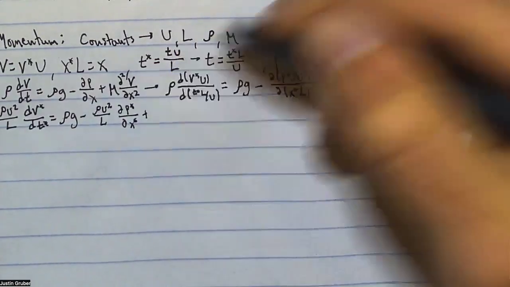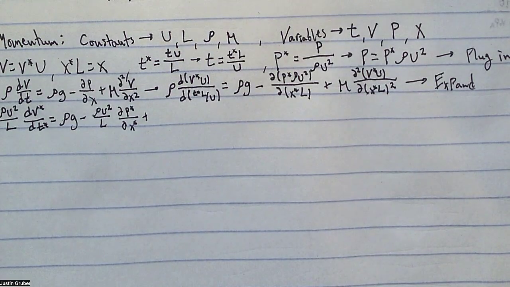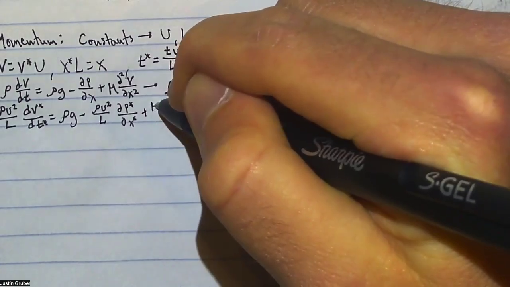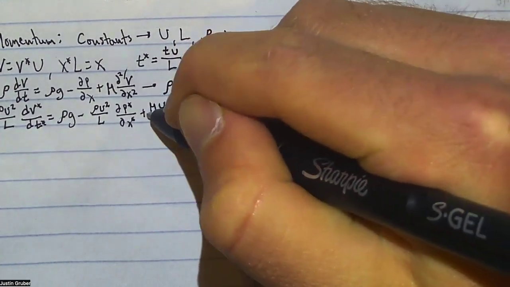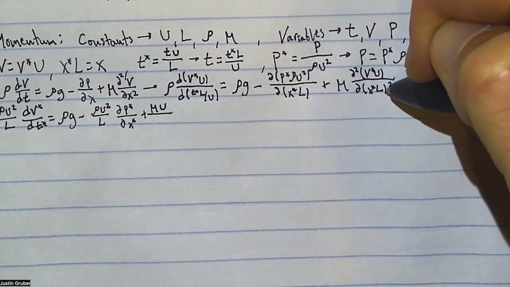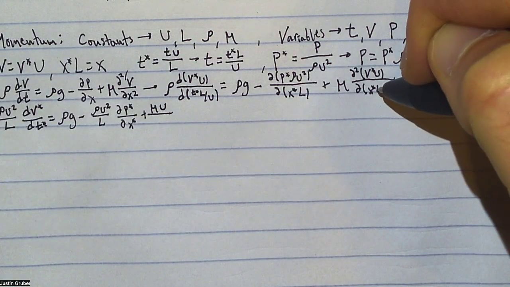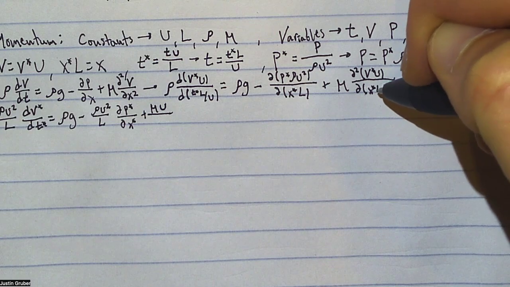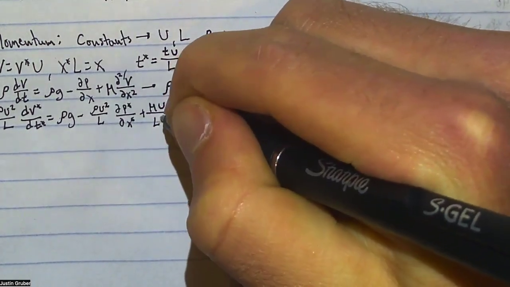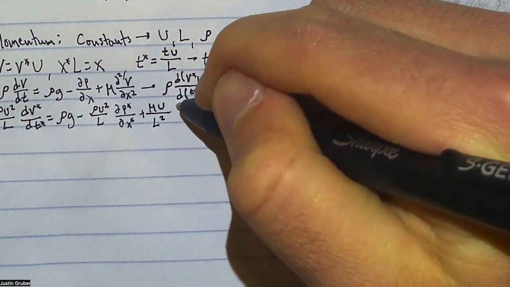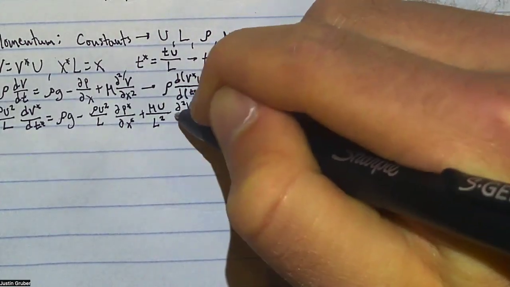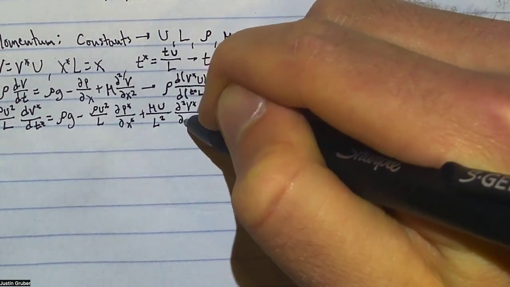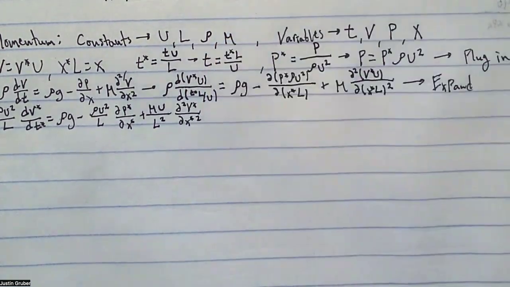Now plus mu, we've got a U up top over, like I said, L squared. We're going to bring in L squared because we're applying the square to that term right there. And then times partial squared V star over partial at star squared.